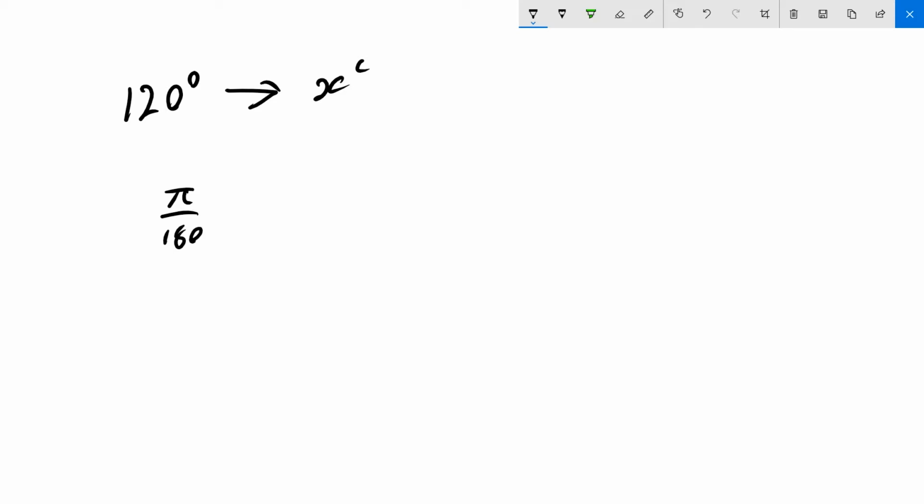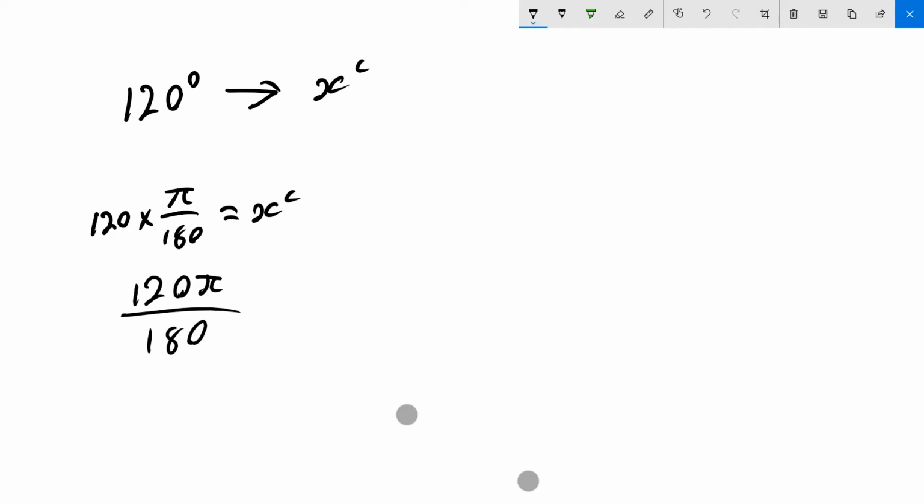So if that's 1 degree, I want 120 of those, so I multiply by 120, and that'll equal what 120 degrees is in radians. So 120 pi over 180, I can cross out these zeros. I now have 12 on 18. I can divide both of those by 6. I get 2 over 3 pi. So that in radians is the same as 120 degrees.